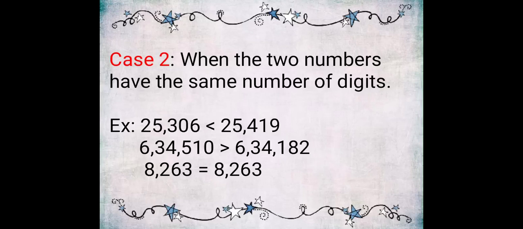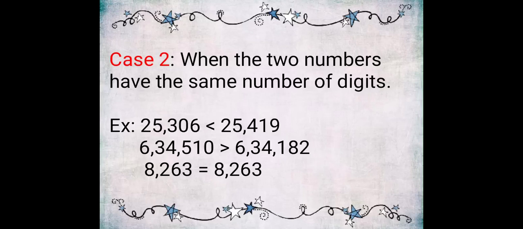At least now can I find out which is greater or smaller? No. So what will I do? I will move on to the next place, that is my hundreds place. Now in my hundreds place I have 3 and 4. Now tell me whether 3 is less than 4?